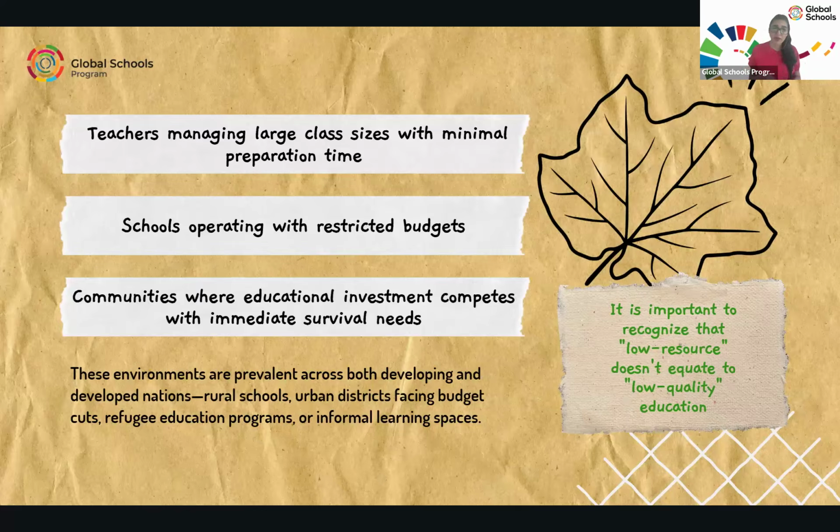Sometimes schools have restricted operational budgets. So when you make a really good lesson plan that has 5 or 6 elements that require funding or space or time, you may not be able to implement them because of restricted budgets, right? And then you have communities where education investments compete with immediate survival needs.